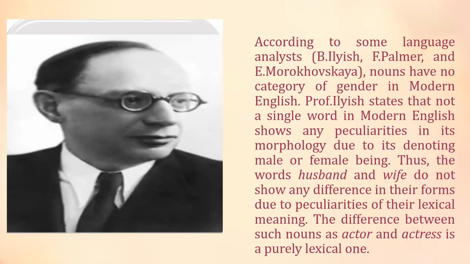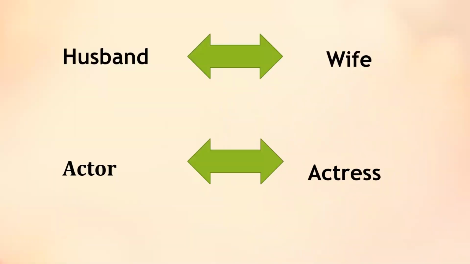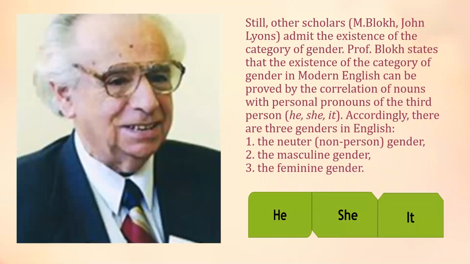Thus, the words husband and wife do not show any difference in their forms. The difference between such nouns as actor and actress, or husband and wife, is purely lexical.